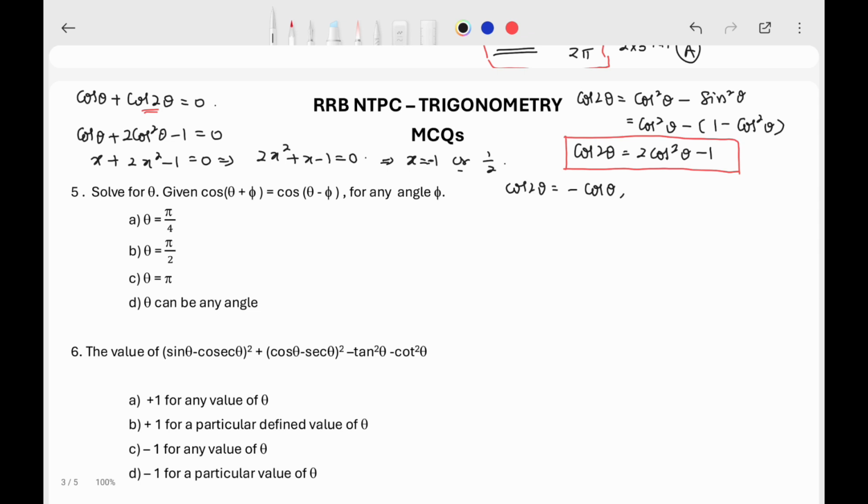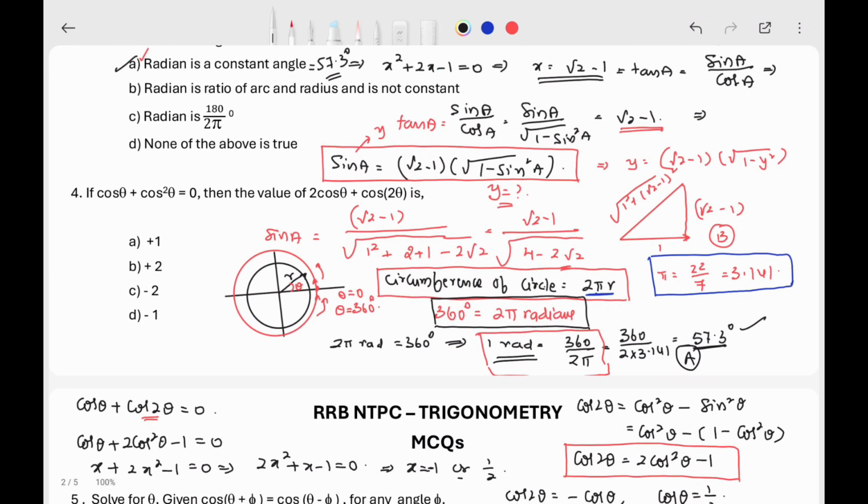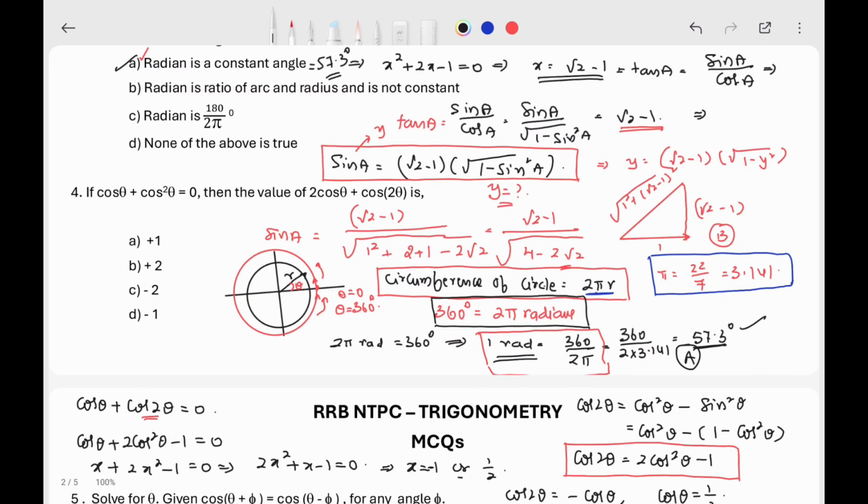Let us say cos theta is equal to half. Let us take this positive value. Then cos 2 theta will be minus half. What we wanted is 2 cos theta plus cos 2 theta.